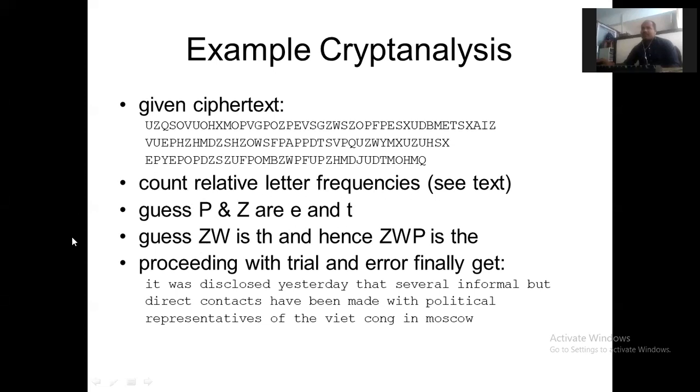Guess P and Z are E and T. Proceeding with trial and error, finally we get: 'It was disclosed yesterday that several informal but direct contacts have been made with political representatives of the Viet Cong in Moscow.' This is the ciphertext. Anybody can hack it. This is a very easy algorithm.